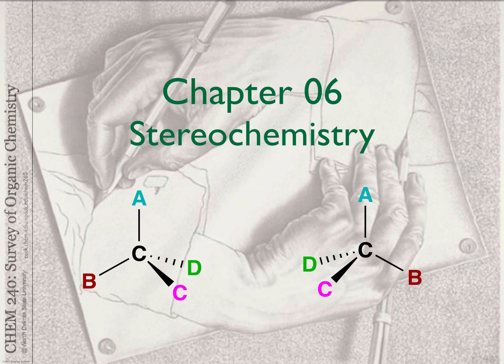In particular, there's a type of stereochemistry which we haven't addressed yet, and that has to do with three-dimensional arrangements of tetrahedral atoms.